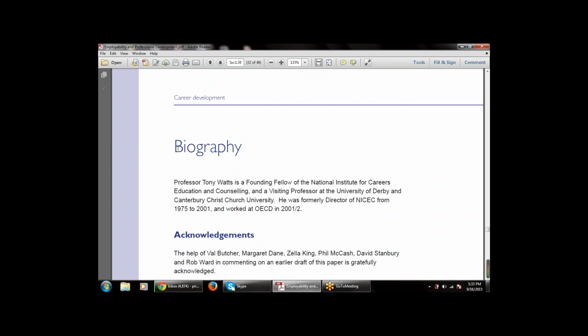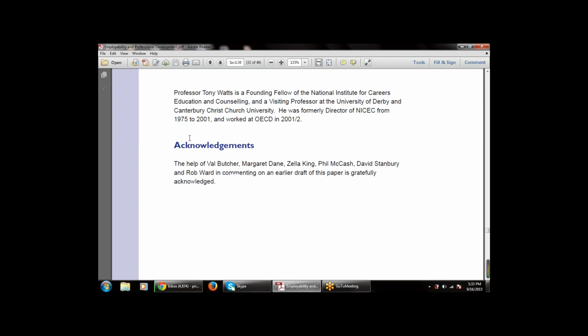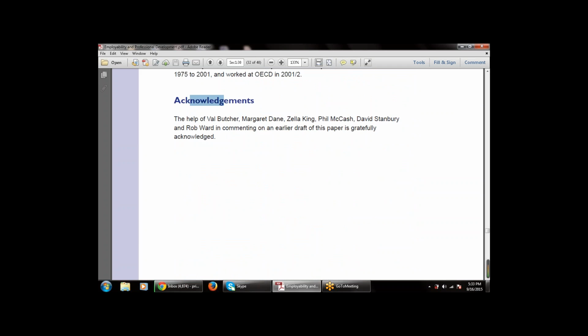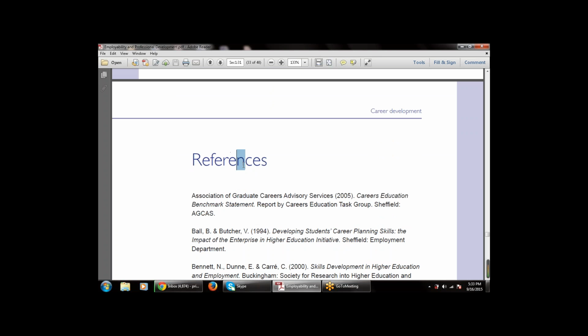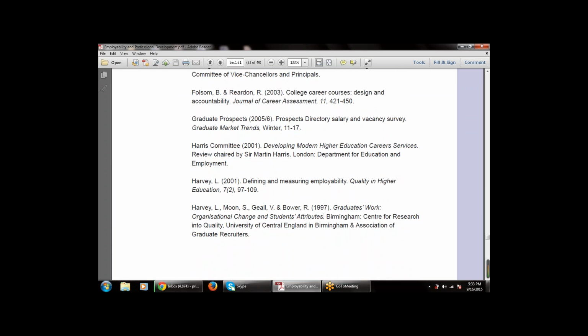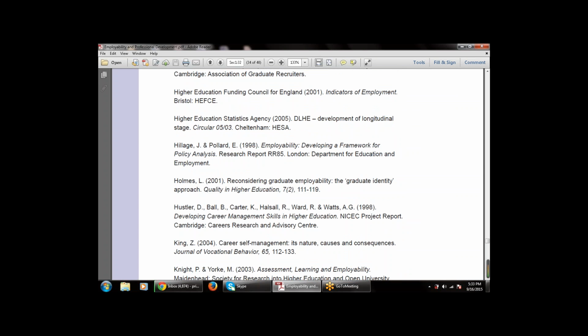Next is the bibliography. This is not biographic, this is bibliographic, and then this is the acknowledgement part. Then references, these are the various references used with the bibliographic notes. These are the reference books available.